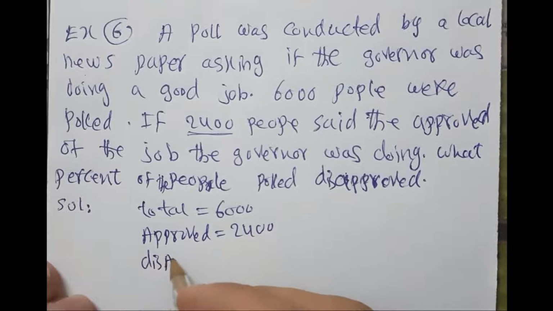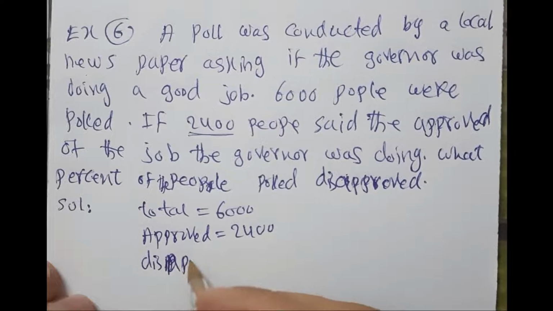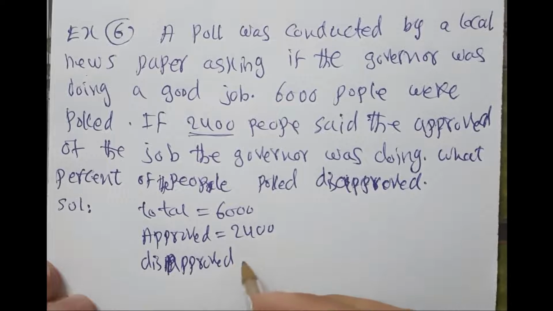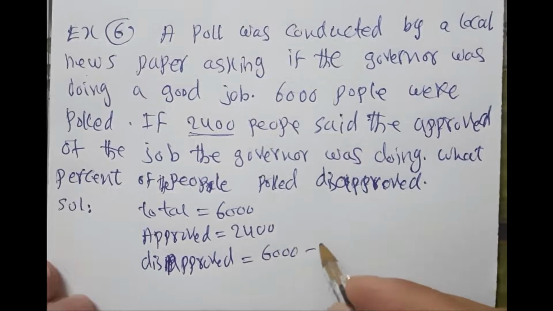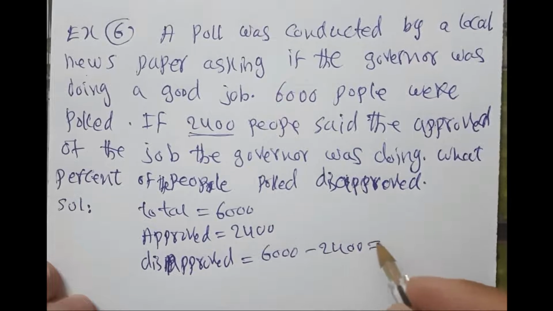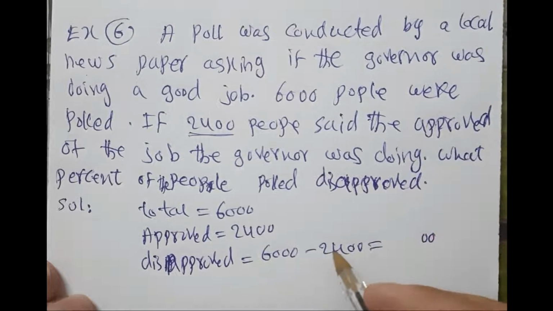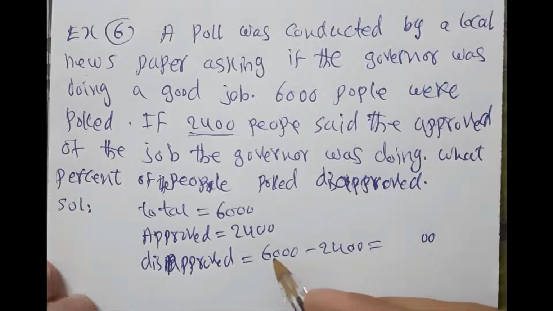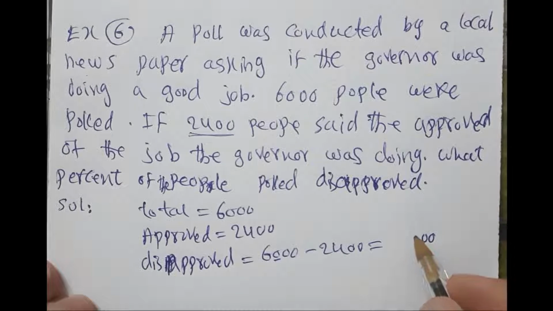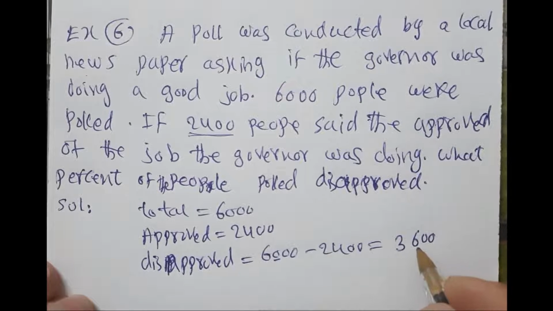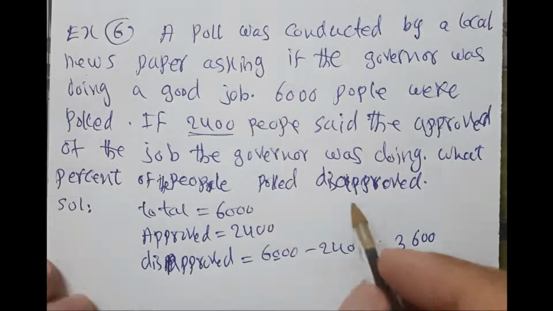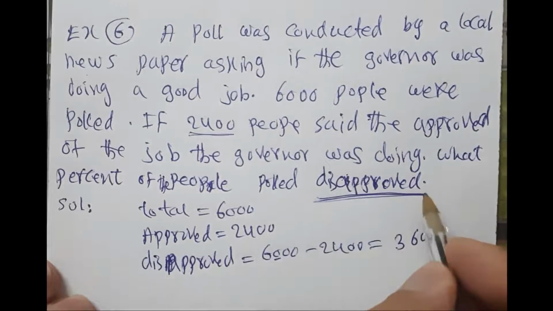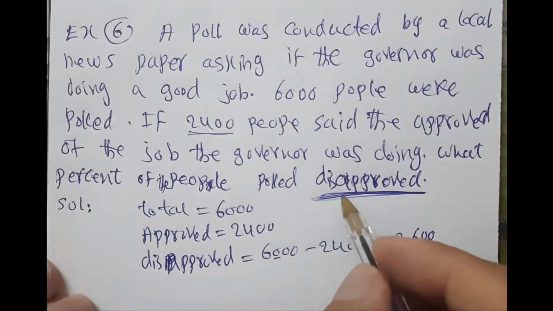Disapproved: how much? 60,000 minus 2,400 is equal to 57,600.